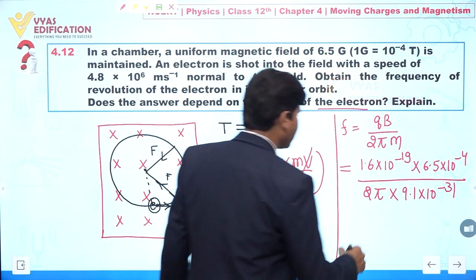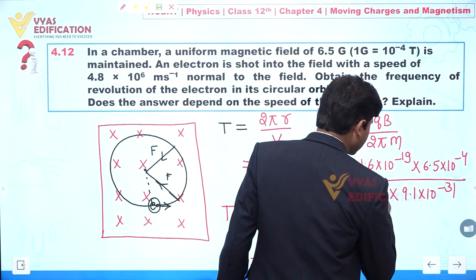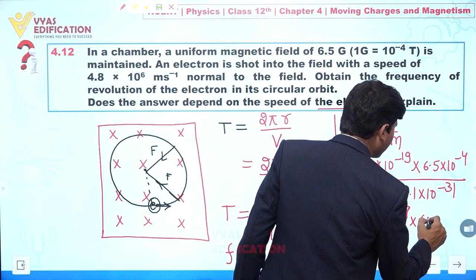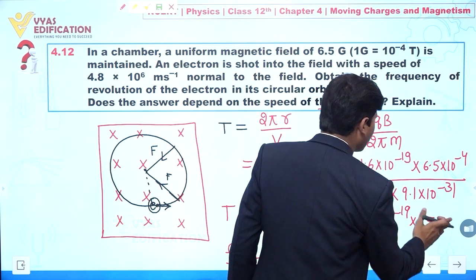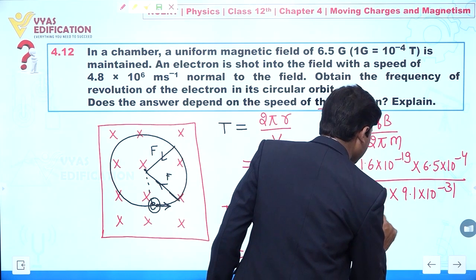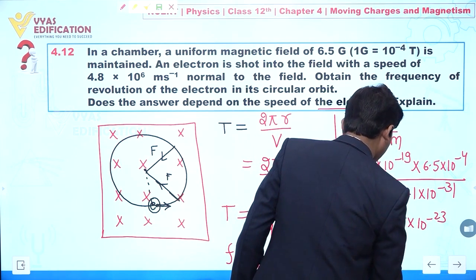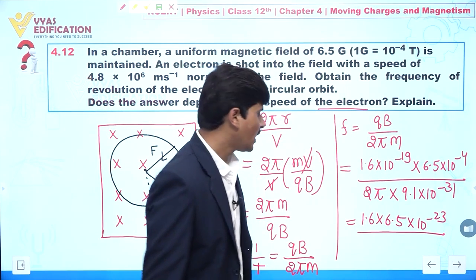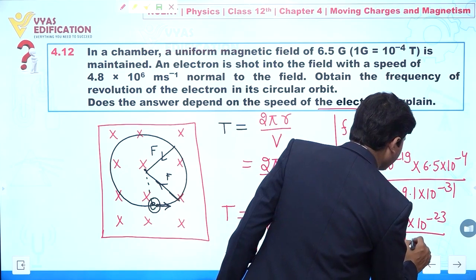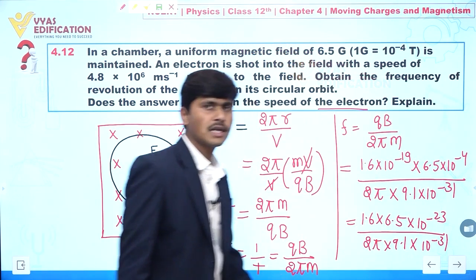Now we can solve it easily. Listen carefully, this is 1.6 into 6.5 into 10 to the power minus 23 divided by 2 pi into 9.1 into 10 to the power minus 31, clear everyone.